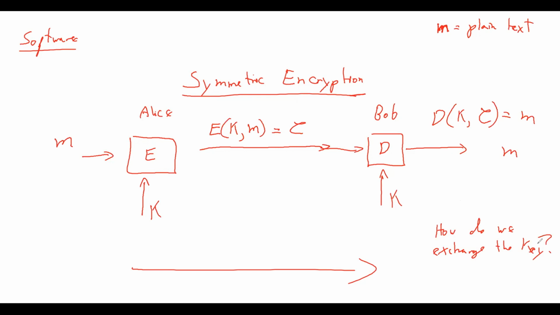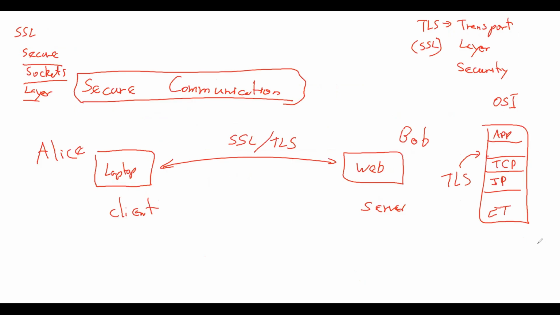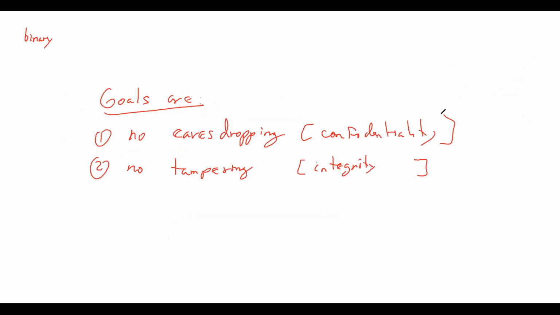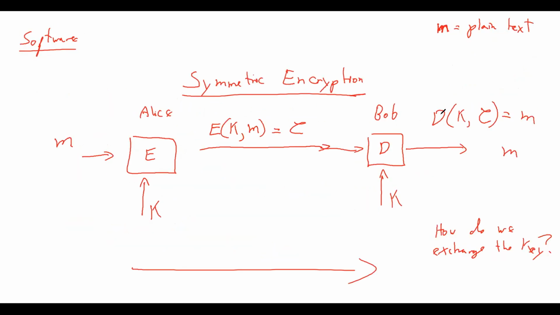So remember, one of the primitives of this is we have to figure out how to exchange that secret key to achieve certain goals, security goals. And so that will be part of the primitives that we need to learn.